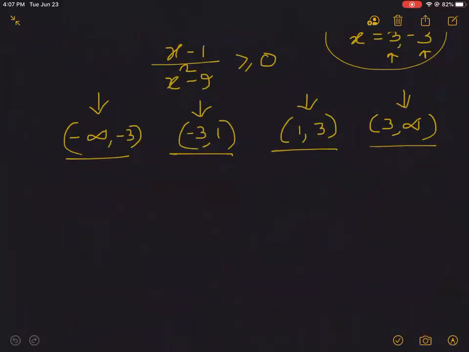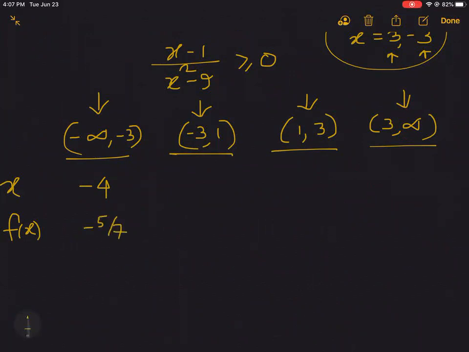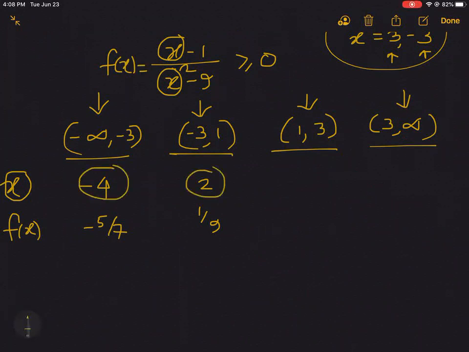So let's take -4 here. That's my x, and that's my functional value, of course. If I pick -4, the functional value will be -5/7. If I pick 0, the functional value will be 1/9, if I just replace your values in place of x, okay? If you're still wondering how I am getting this, I'm just replacing my x by these values, and in return, the function gives me these values.